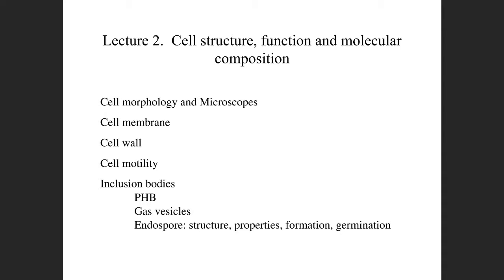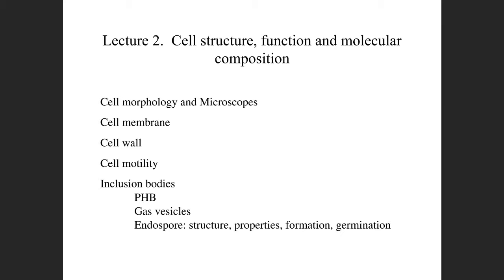Okay. And so today we've talked about cell morphology and the microscopes that we use to view them, and we've spent a lot of time talking about the modifications, and then we talked about the cell membrane, cell wall, cell motility, and the inclusion body.